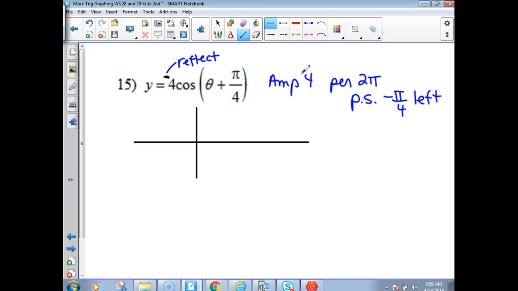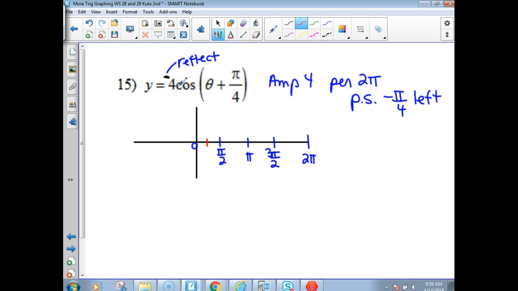I've got a 2 pi period, so I'm going to start marking off the right side. Half of 2 pi is pi, then pi over 2. My x scale is pi over 2. So 1 pi over 2, 2 pi over 2, 3 pi over 2. This is where 0 is. But I have to take this thing left pi over 4, so I'm going to have to know where the pi over 4s are.